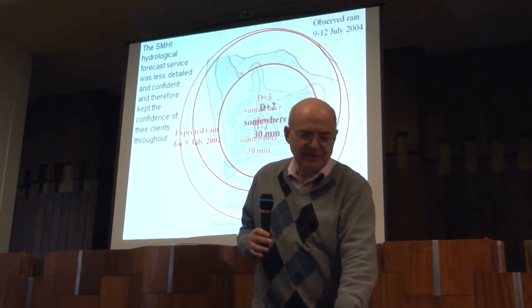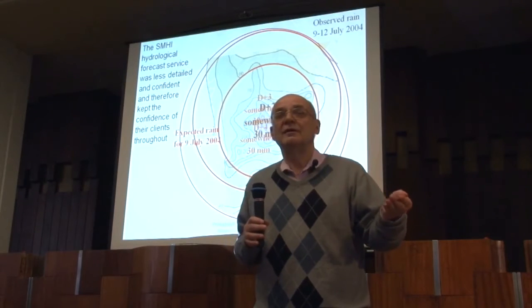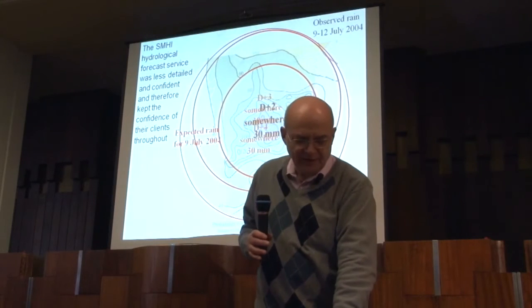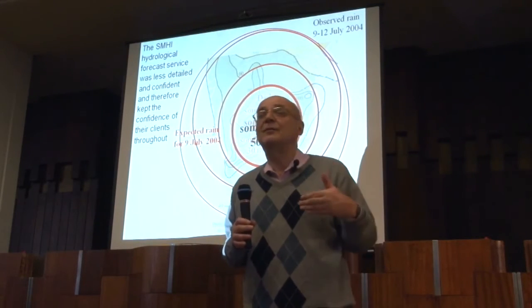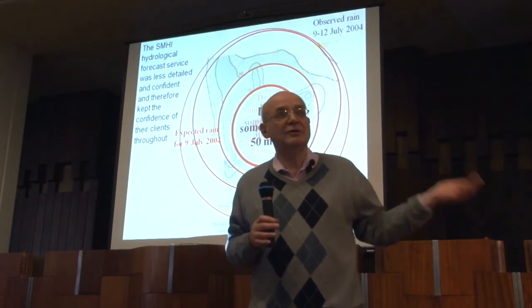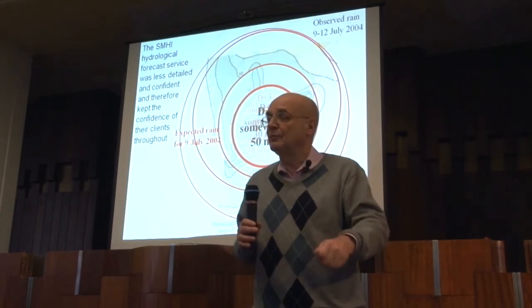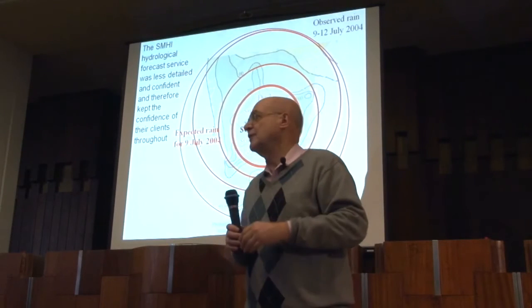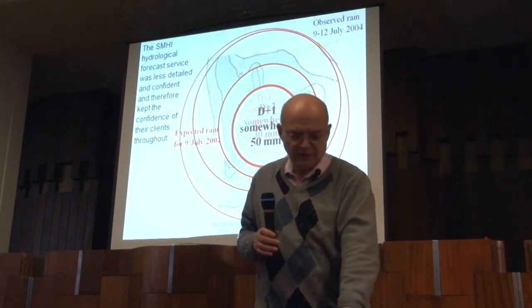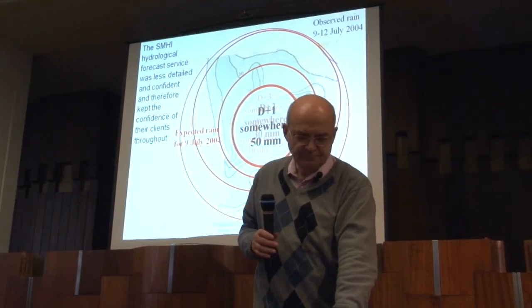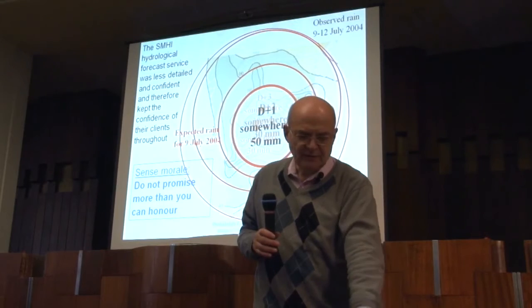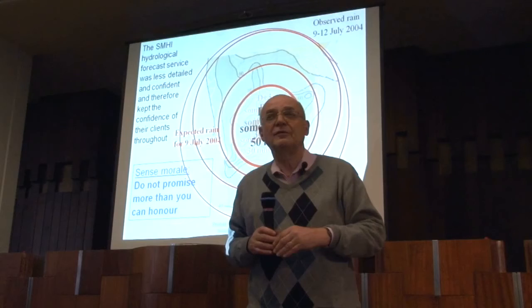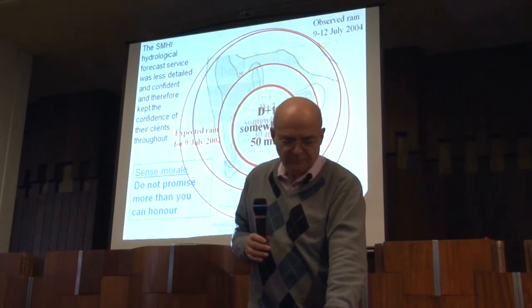And then they narrowed in. Two days before, they more or less had the right area, with some over-forecasting around. And finally one day before, which was the useful time limit, they had more or less the same forecast as the meteorologist, with the difference that people who got this forecast believed in it. It was zooming in, so it gave confidence in the last statement. So the moral is: don't promise more than you can honor. And that was the policy the hydrologists at the Swedish Met Service followed.